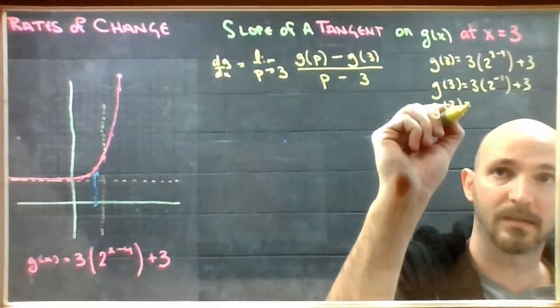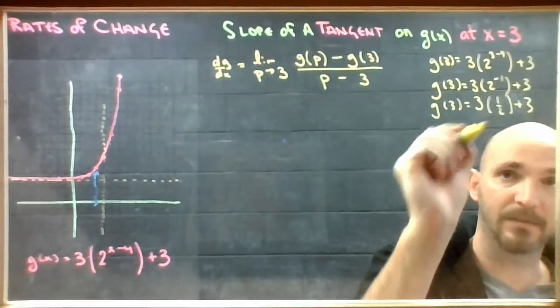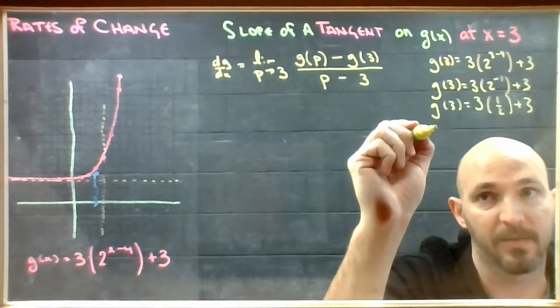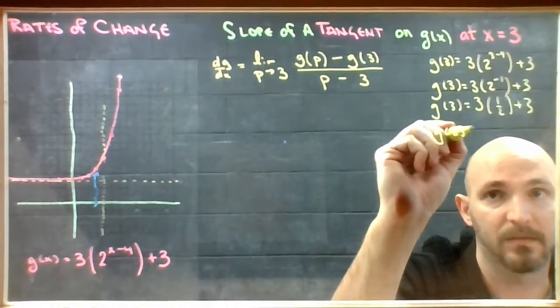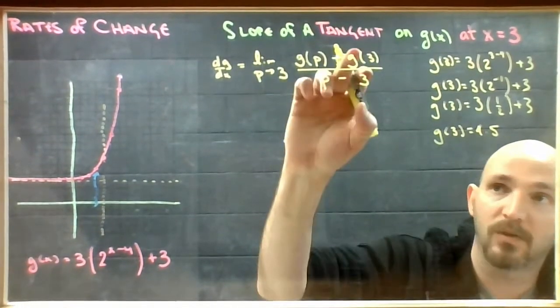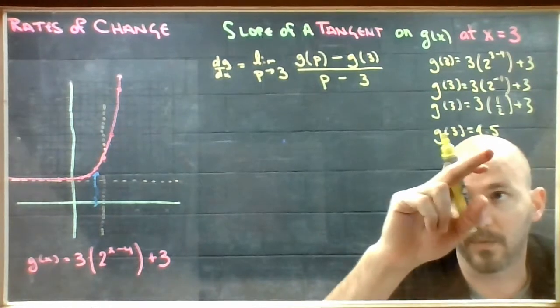That's 3 times 1/2 plus 3. Half of 3 is 1.5. 1.5 plus 3 would be 4.5. So I'm going to replace this little structure in my equation with 4.5.